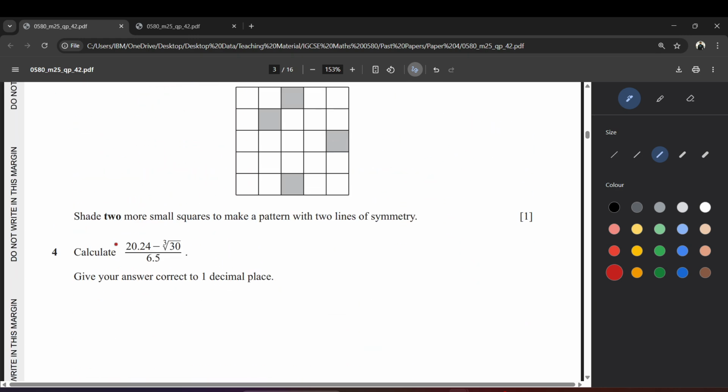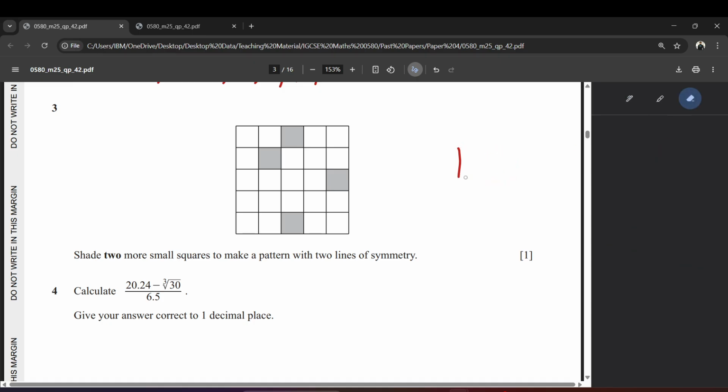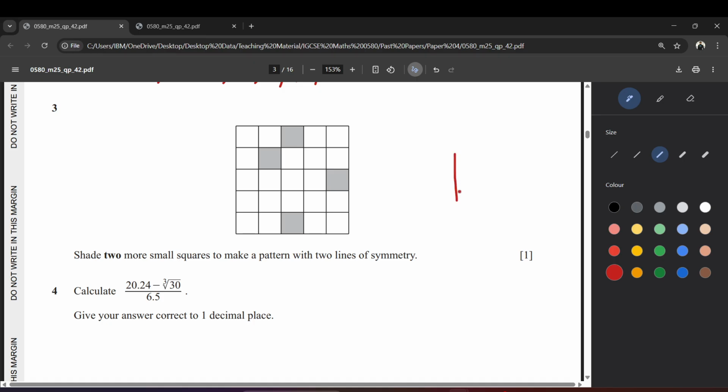All right. Question number 3. Shade two more small squares to make a pattern with two lines of symmetry. Okay. Now, if you want two lines of symmetry, in a square we can have four lines of symmetry.